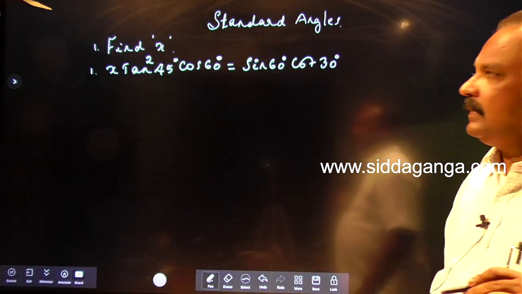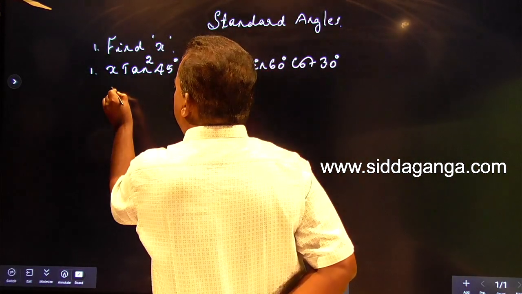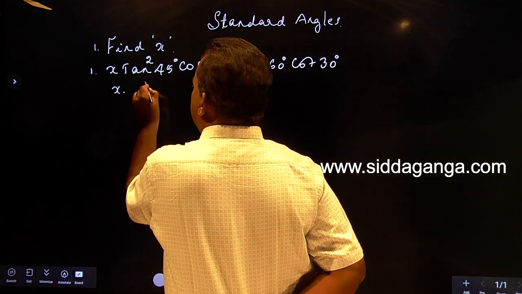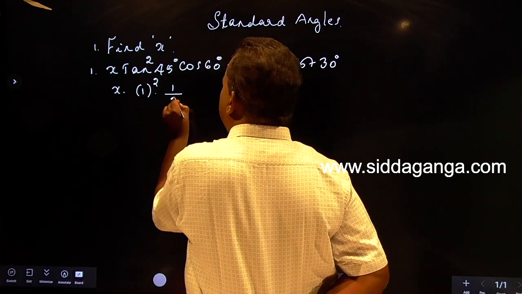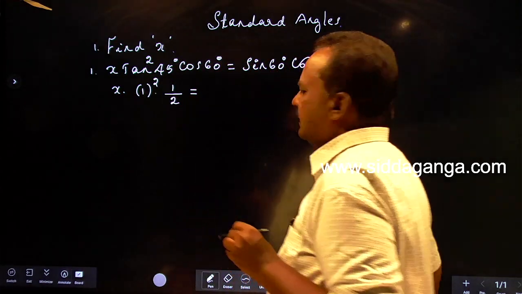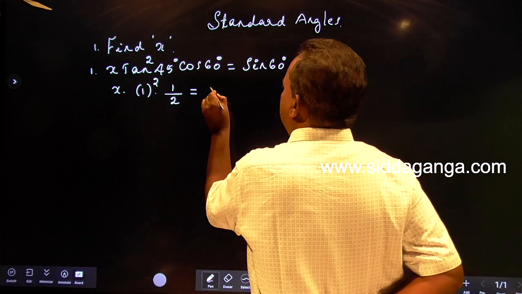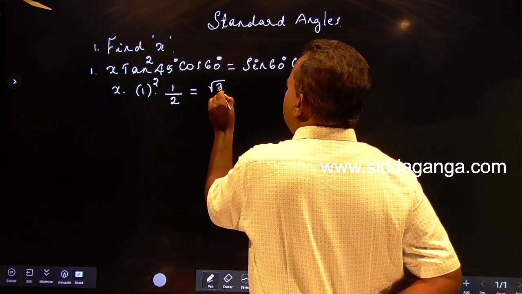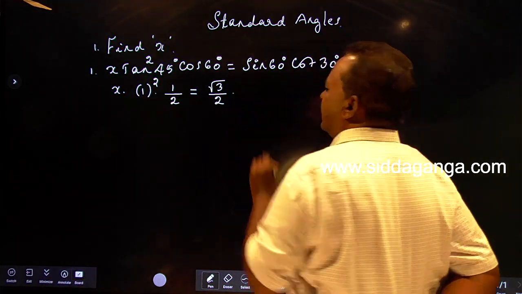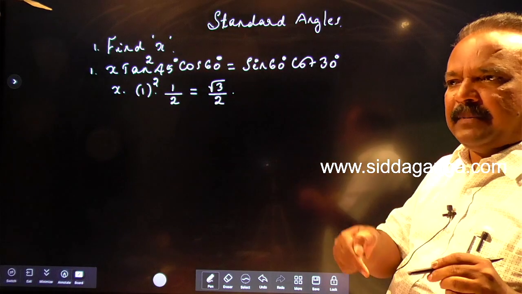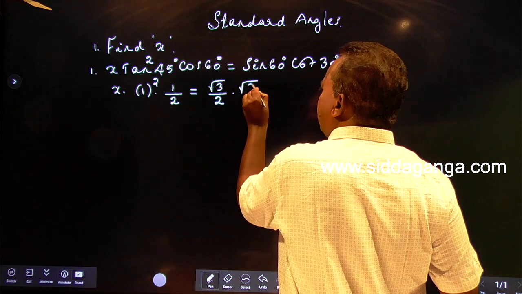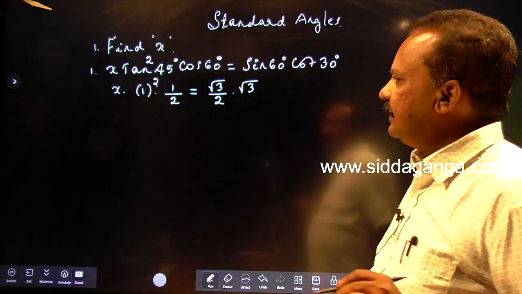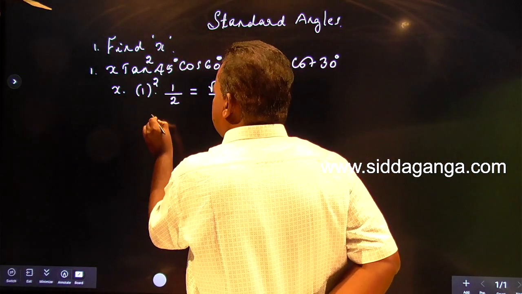Okay. X into what is the tan 45? As you know, its value is 1. Cos 60 is 1 by 2. Sin 60 is root 3 by 2. Tan 30 is 1 by root 3, whereas cot 30 is root 3, reciprocal of tan 30. 1 square is 1.